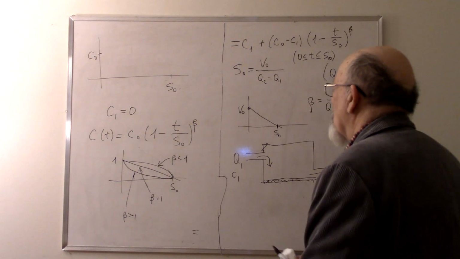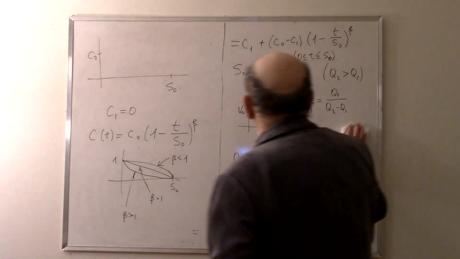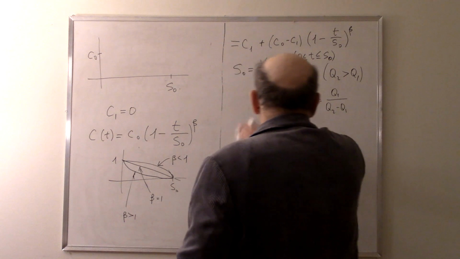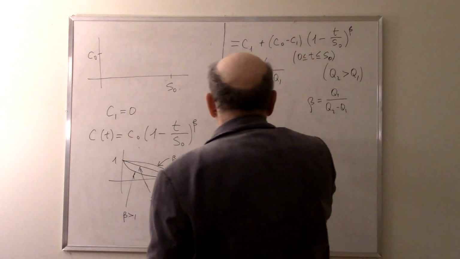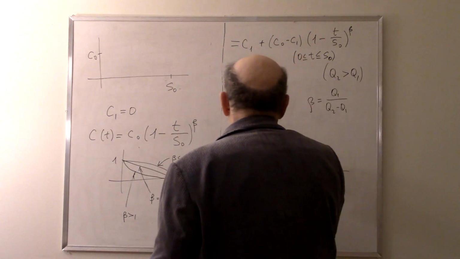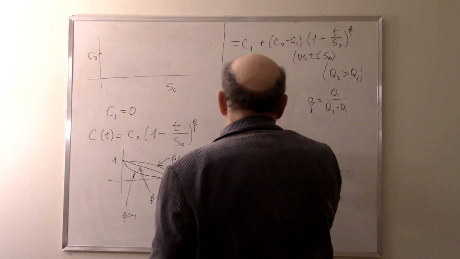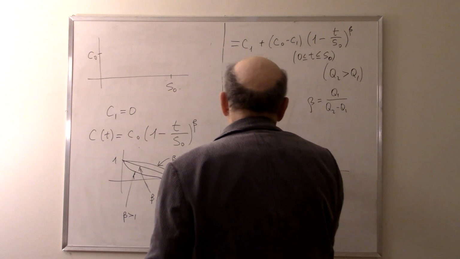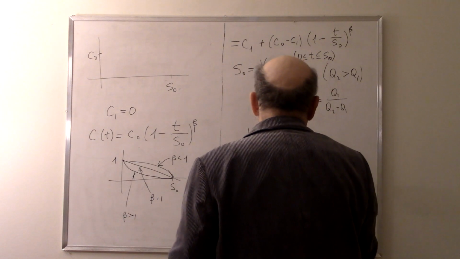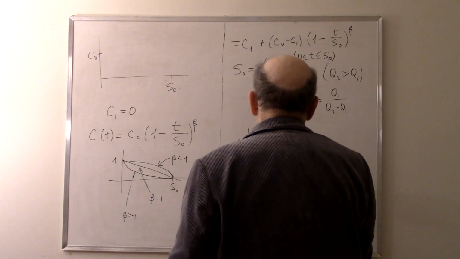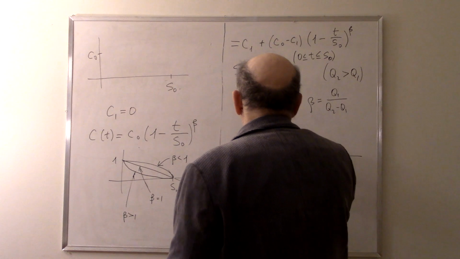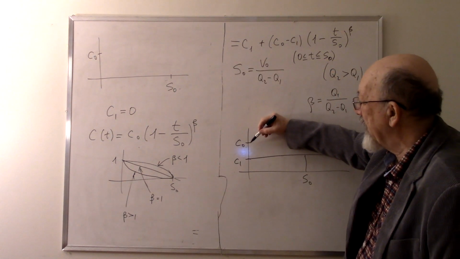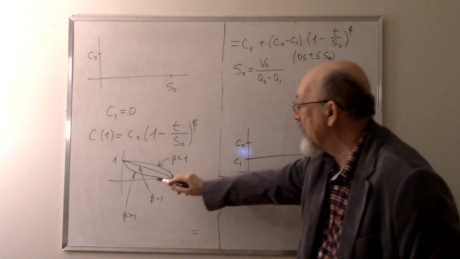So all in all, for arbitrary C0 and C1, say this is C0, C1, here is 0. Then the solution will look as follows, say if beta is less than 1.